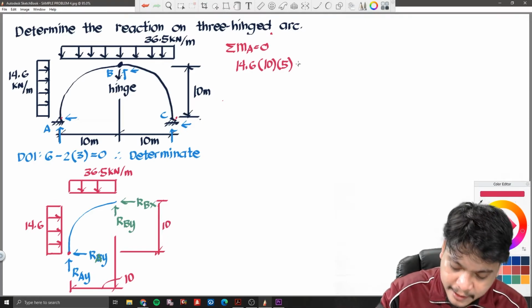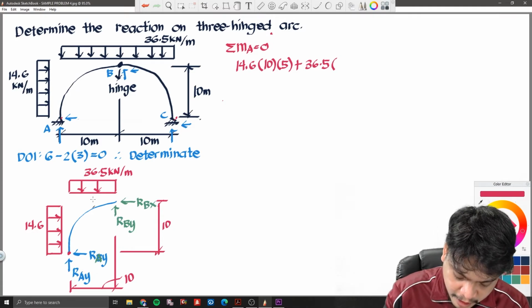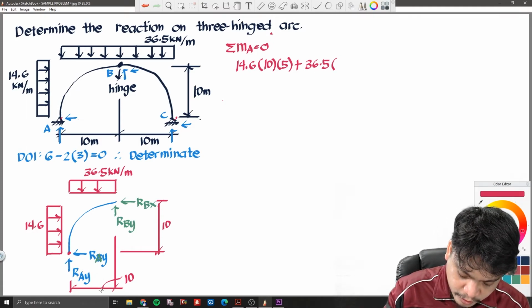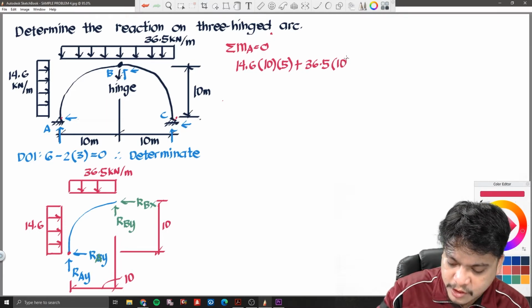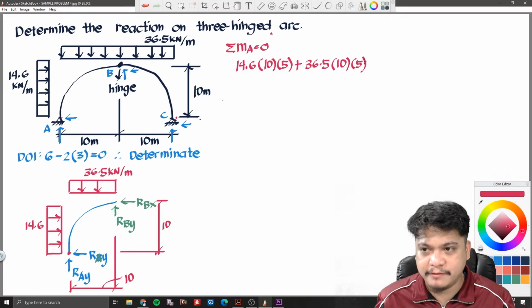And then, idagdag natin, so we will be having here the 36.5, and then, again, 10. Ito naman, horizontal kasi siya, so take natin yung horizontal distance, which is 10, and then multiply by the moment arm, 5.